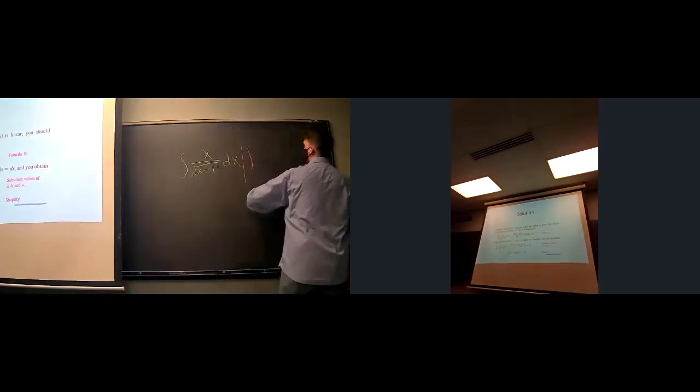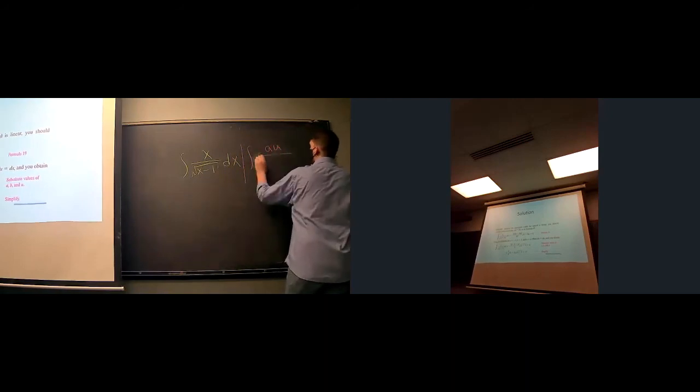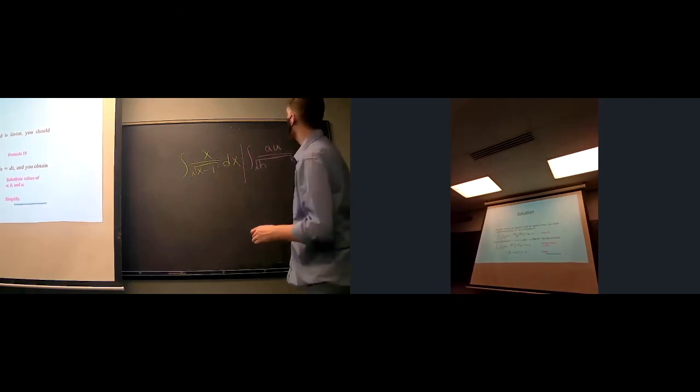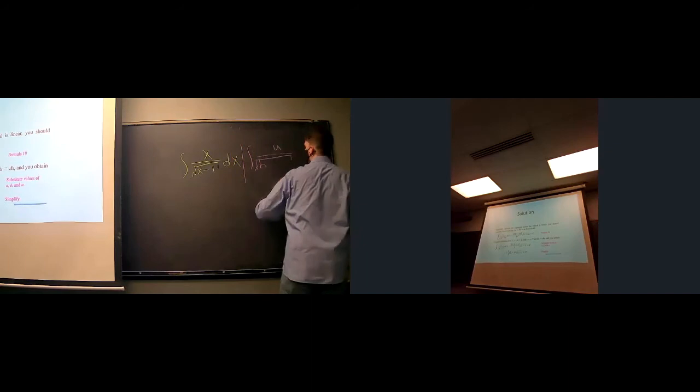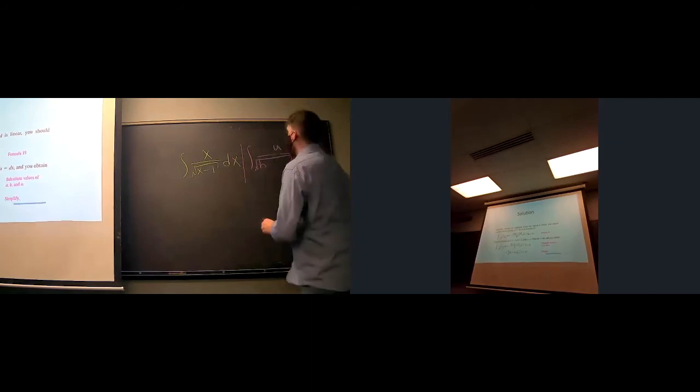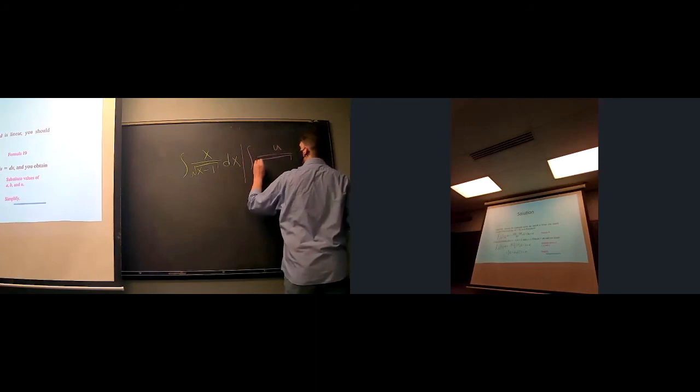Maybe integration by parts. But if we have a table at hand, we say, all right, the table tells us that the integral of u over the square root of a plus bu du, they tell us what that integral is equal to.